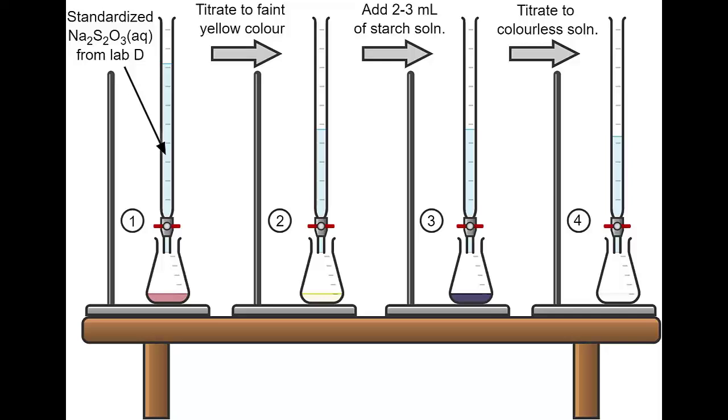Because it is difficult to observe the disappearance of a faint yellow color, about 2 to 3 mL of starch indicator is added. The starch combines with the remaining aqueous iodine to produce a dark blue-purple color. The titrant is then added to the point that the blue-purple color completely disappears.